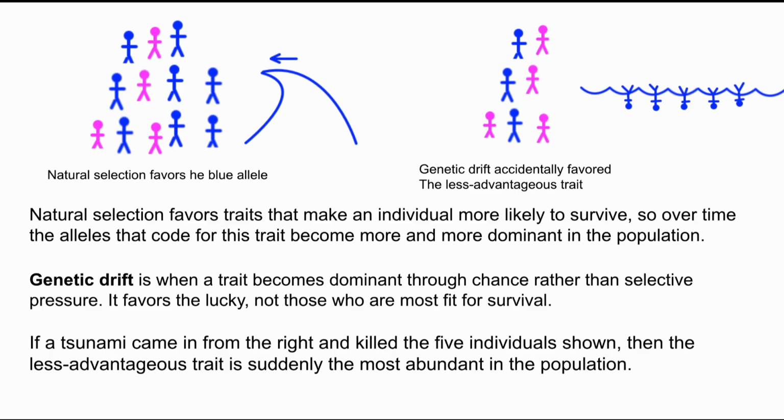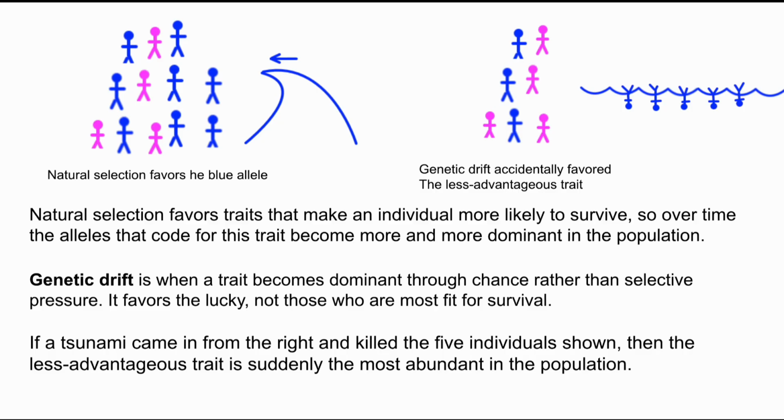Now notice what happened. This is called genetic drift because before the tsunami came ashore, the blue ones were quite a bit more abundant than the magenta ones. But afterwards, the magenta is the most common allele, even though it's not the one that codes for the most reproductive success.